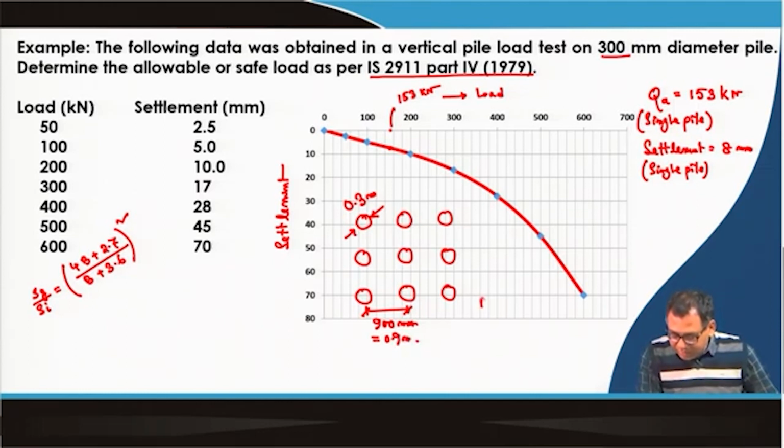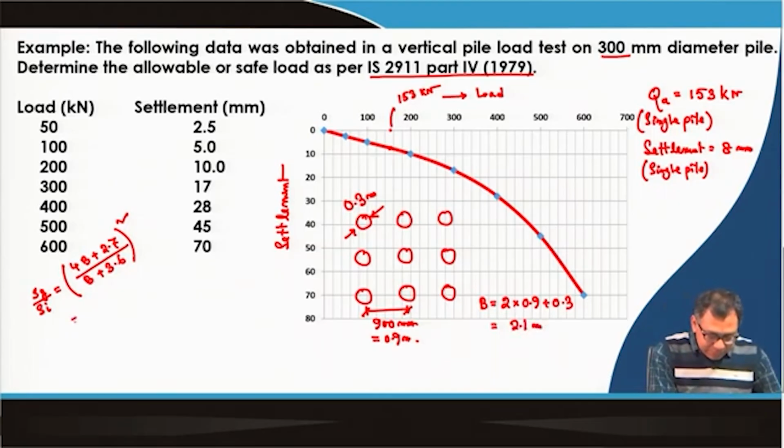Here the B value will be, as I mentioned, 2 into 0.9 plus 0.3 diameter. So, that will be 2.1. Now if I put that value in this equation, directly I can write the settlement of the group is equal to the settlement of the single pile into (4B plus 2.7) divided by (B plus 3.6) whole square.